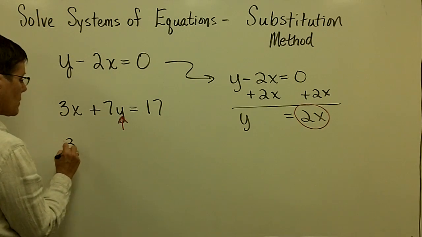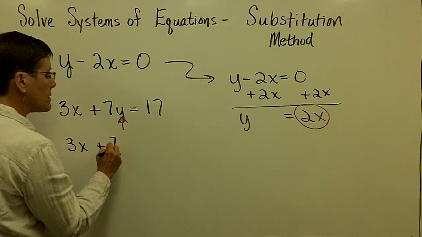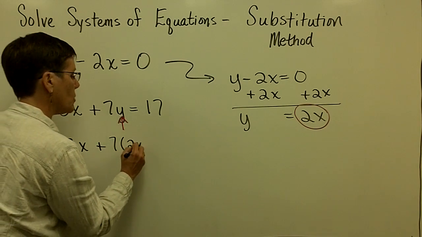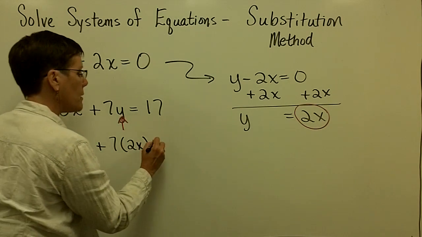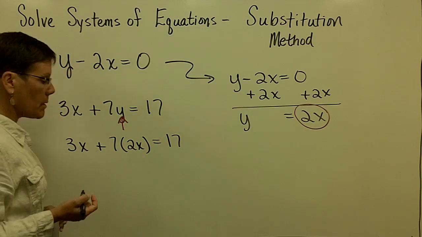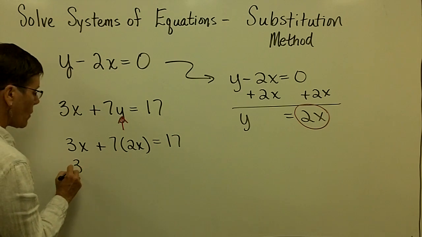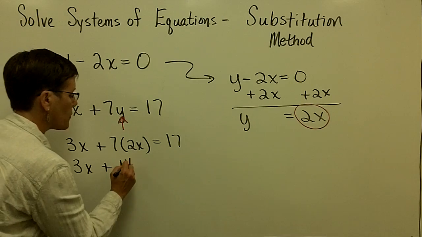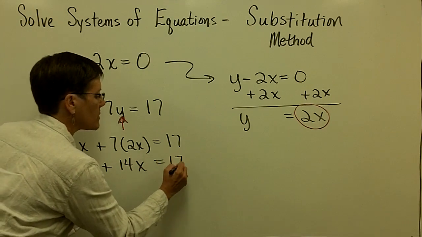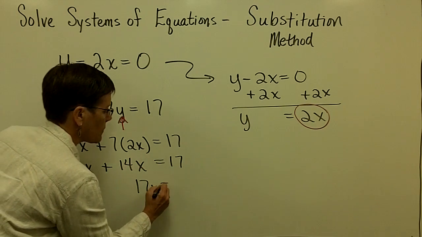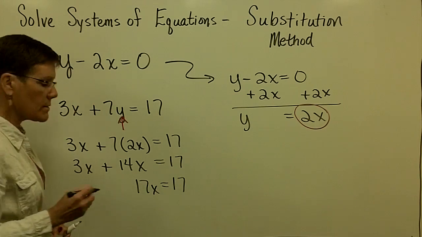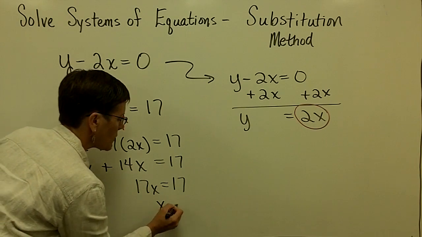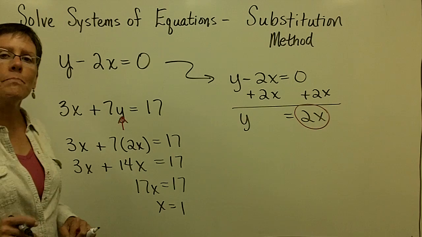So I'll have 3x plus 7 times the 2x, which is y, and I'll solve that statement for x. So I have 3x plus 14x, which adds to be 17x. And then when I divide both sides by 17, I find out that x is equal to 1.